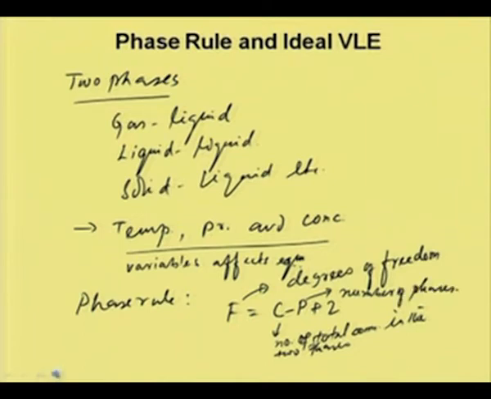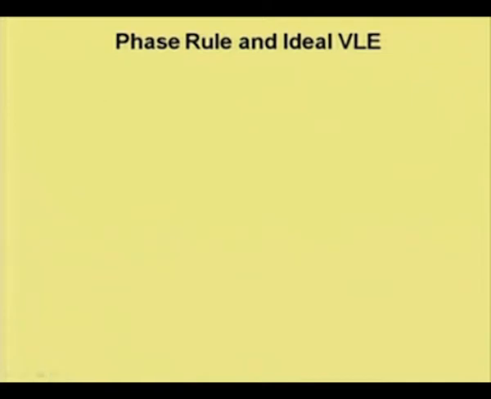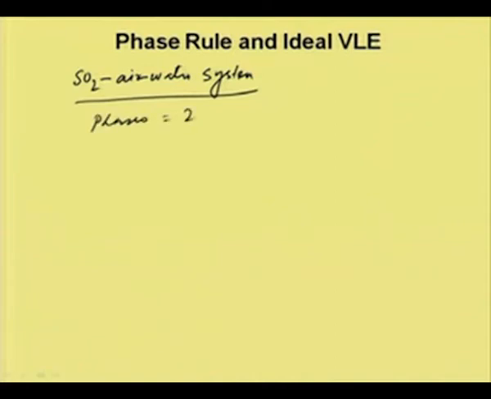So, if we consider a simple example of a sulfur dioxide, air and water system, then there are two phases and three components, considering air as a single component.